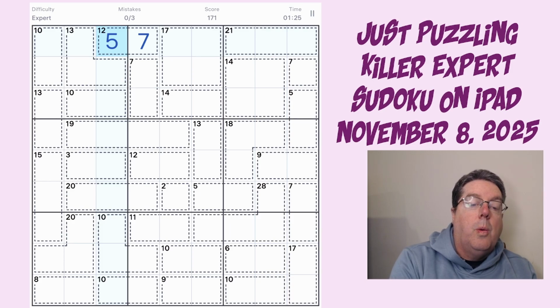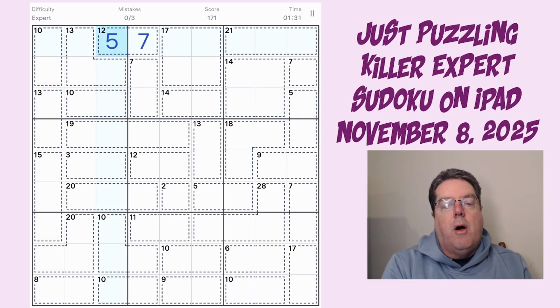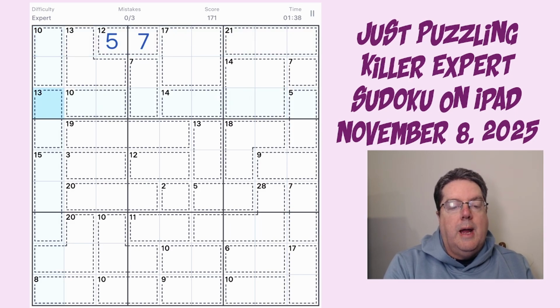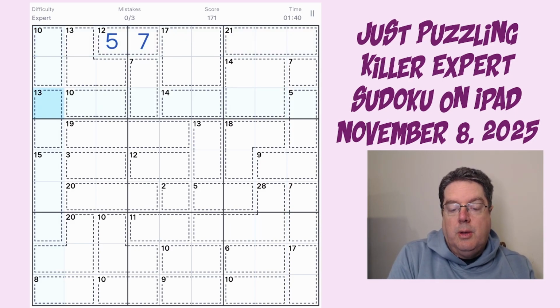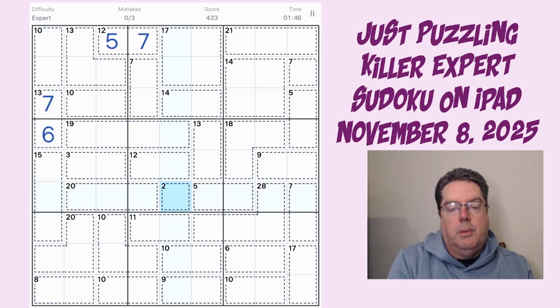Now we've got another one where we've got a partial cage, but we know the number. Full cage, partial cage. So 5 plus 13 is 18, plus 10 is 38. 38 from 45 is 7 again, so 7 goes there. What adds up to 13 with 7? 6. I'll do some of the small ones here. So that's a 2 there, 7 here.